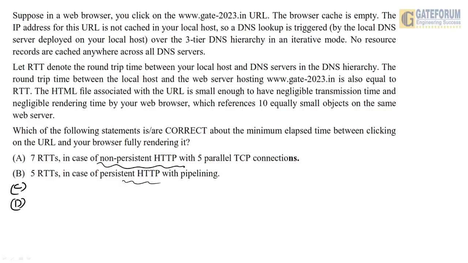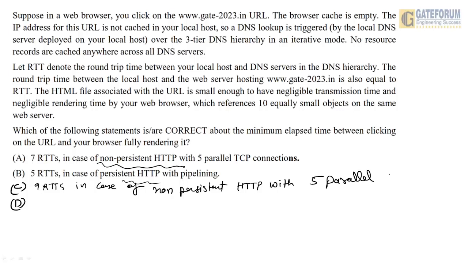Now option C says that 9 RTTs in case of non-persistent HTTP with 5 parallel TCP connections.